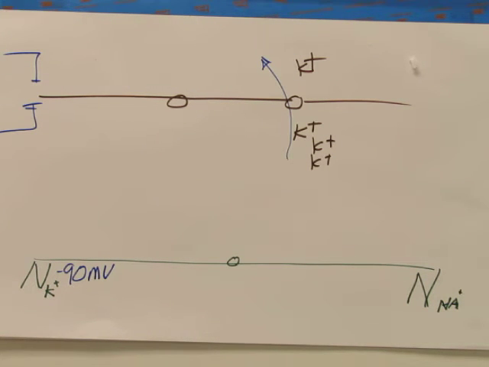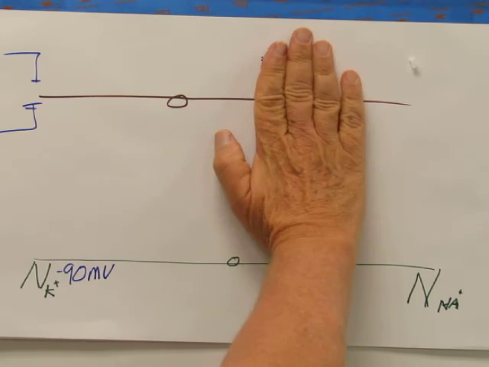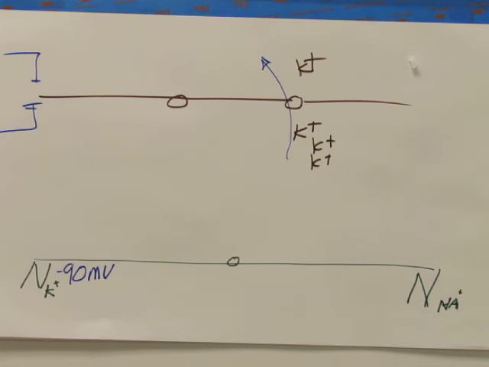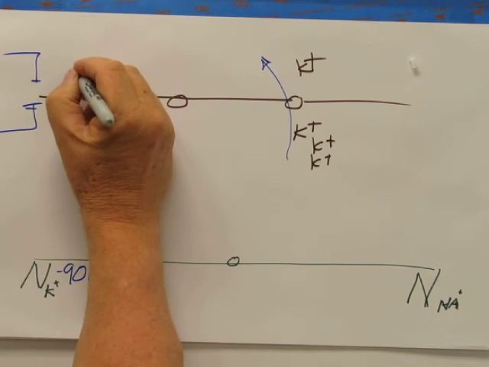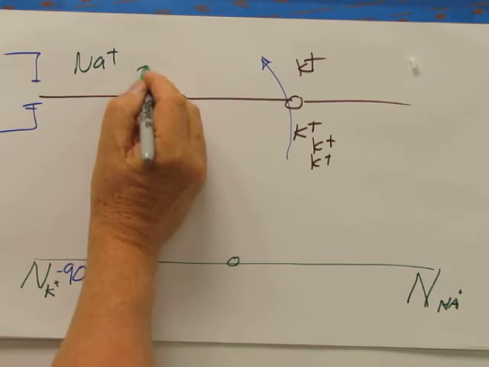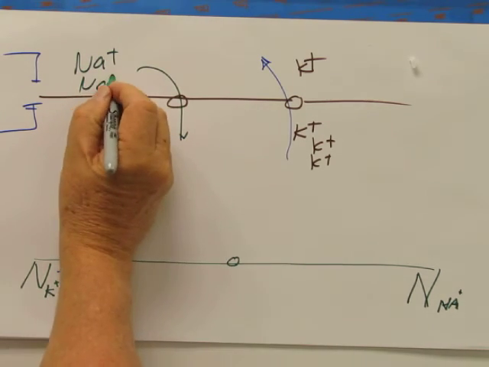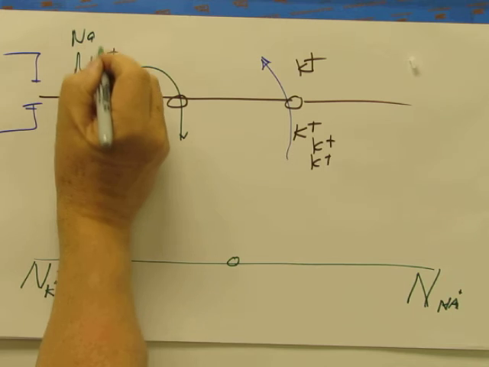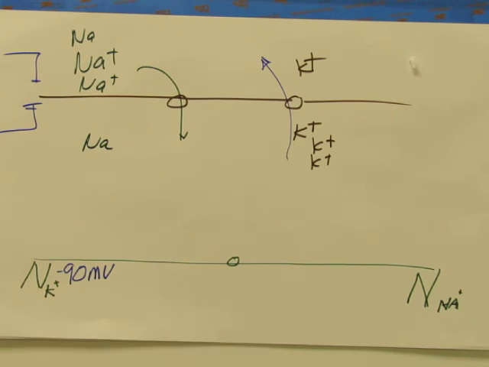Okay, let's go back and bring it to 0 again. If we're at 0 volts, and we'll just stop this, don't pay attention to that now. And let's look at sodium. If sodium were allowed to come into the cell, because you have more sodium on the outside than you do inside, the diffusion would be towards the inside of the cell.